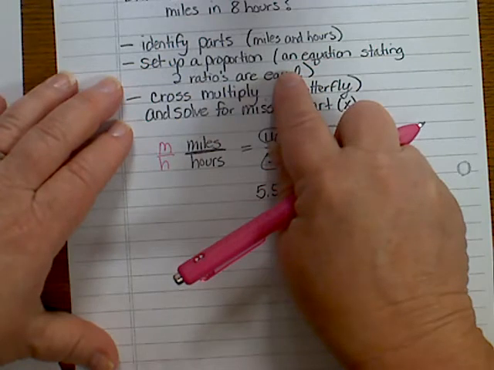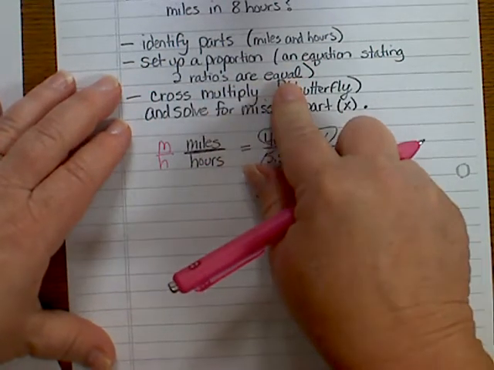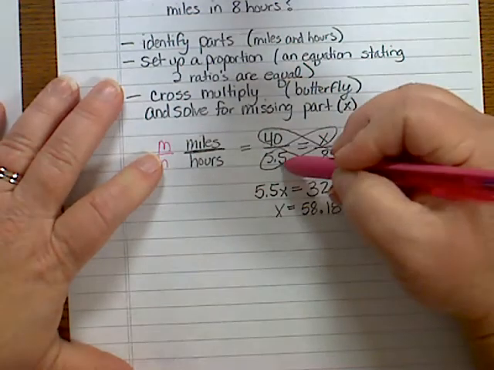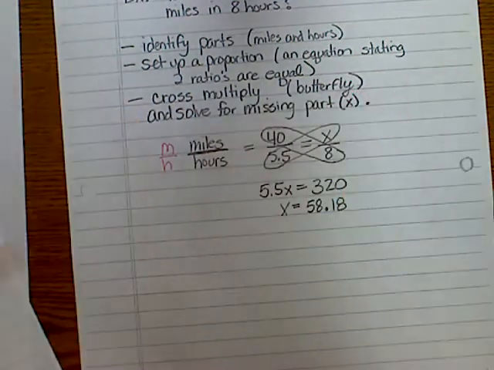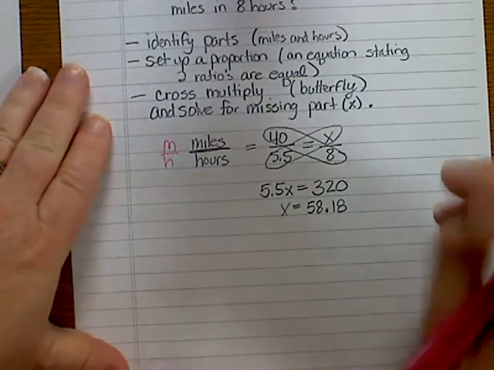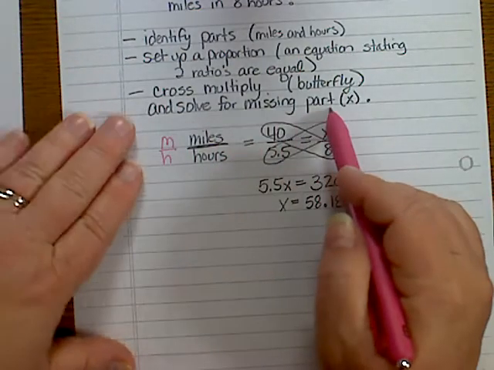Set up the proportion, an equation stating that 2 ratios are equal. So I have a ratio here and a ratio here. Cross multiply, which is butterfly from 7th grade or 6th grade. I don't know, but it's cross multiply. Okay? And solve for the missing part.